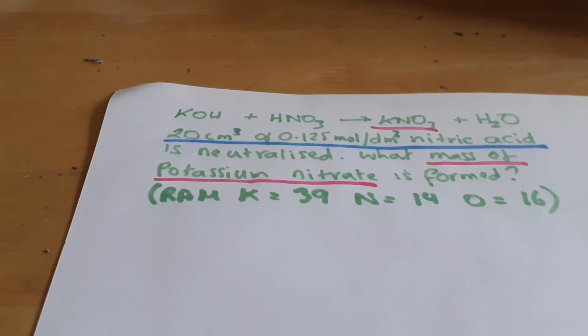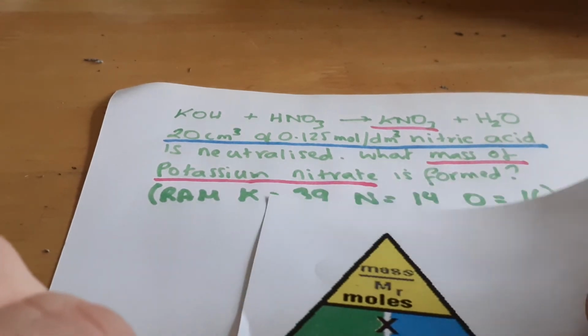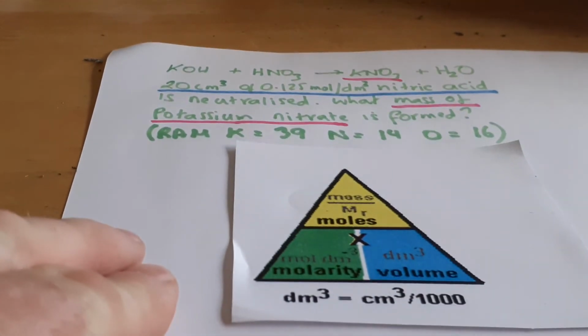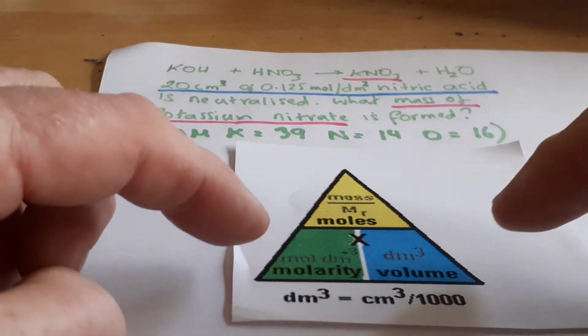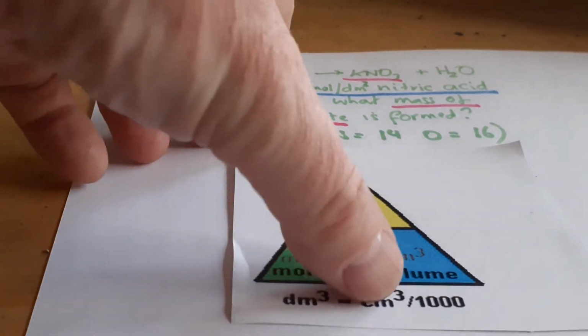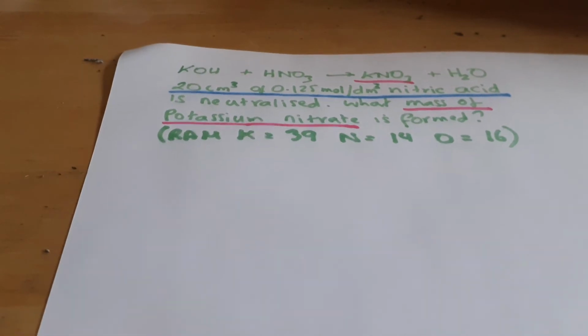So, we've got a slight variation. But, as always, let's start with what we know. We know the volume and concentration of nitric acid. So if we know the volume and concentration, we can work out moles. So that's our first step.